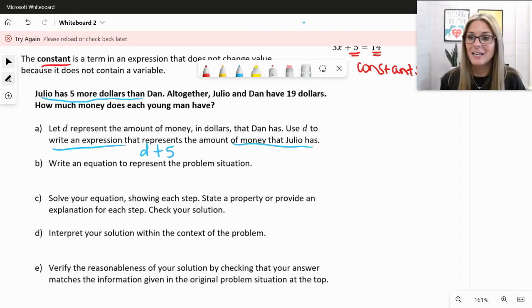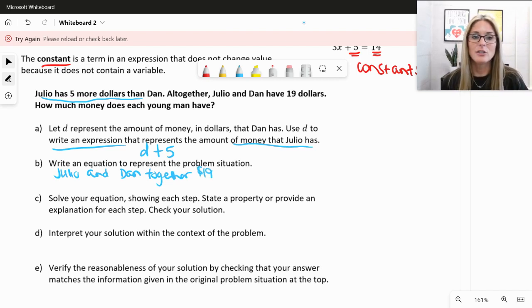Part B, write an equation. So now we're going to use that equal sign to represent the entire problem situation. So thinking about that second sentence, altogether, Julio and Dan together have $19.